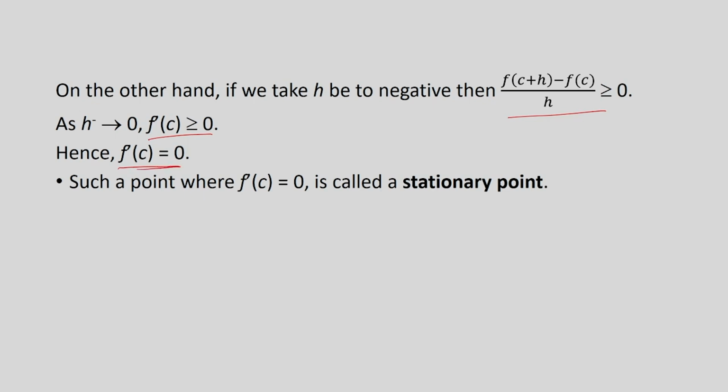So, our proof is done that if we have a maximum or minimum of a function at a particular point, and if f dash, that is the derivative, is defined, then f dash of C is equal to 0, that is the derivative is equal to 0. Such a point is called a stationary point.